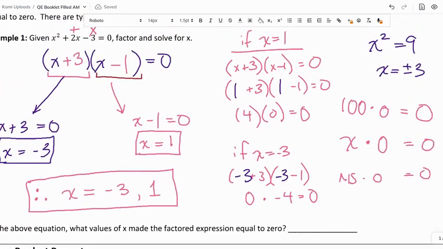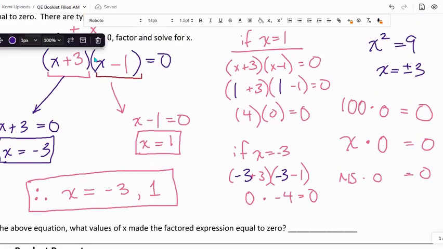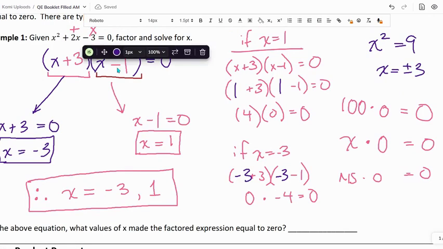Okay, so let's go back. Now that we have factored this trinomial into two factors, what the zero product property says is that if this factor equals 0, the entire equation equals 0. So how do I make x plus 3 equal 0? Bring the 3 to the other side. Well, x must equal negative 3.